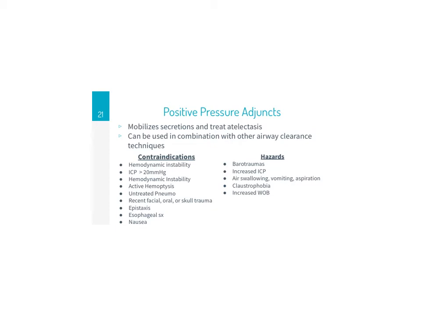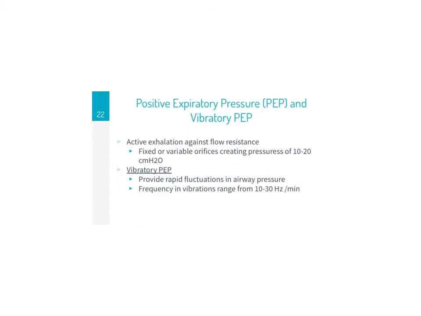It can cause barotrauma, especially if they have a history of pneumos or they have one that's untreated that you don't see in a chest x-ray, hasn't been diagnosed. It can increase ICP, air swallowing, vomiting, and aspiration. Claustrophobia, depending on what they use, and then increased work of breathing.